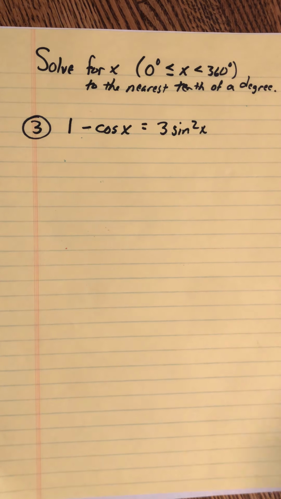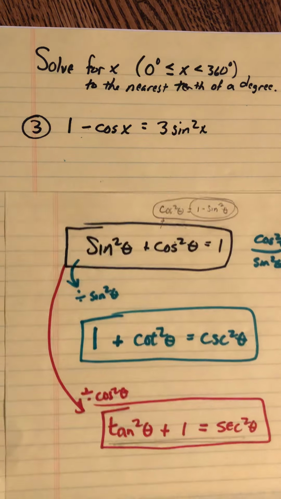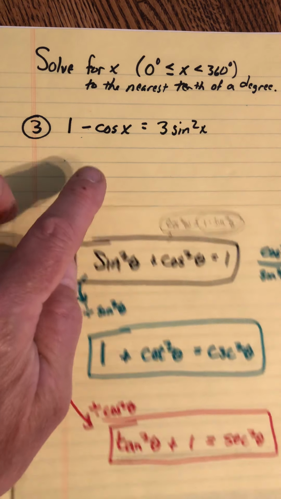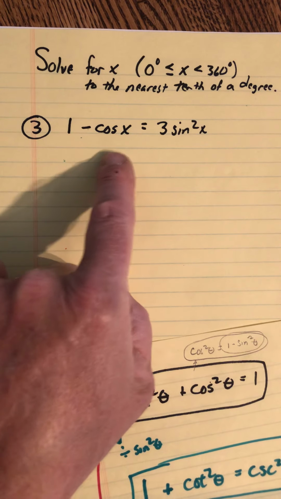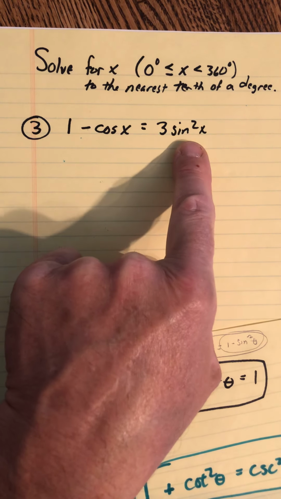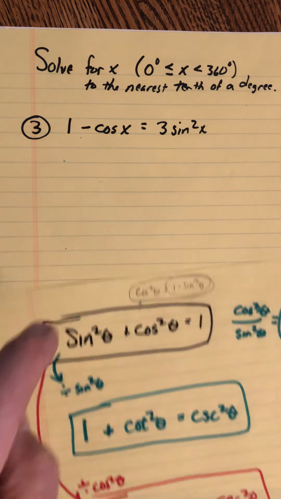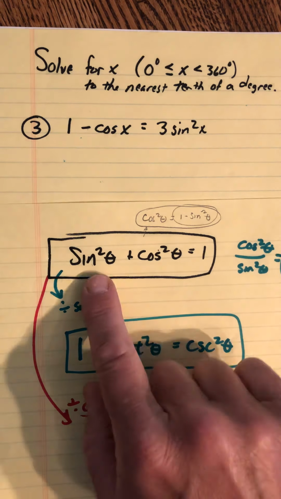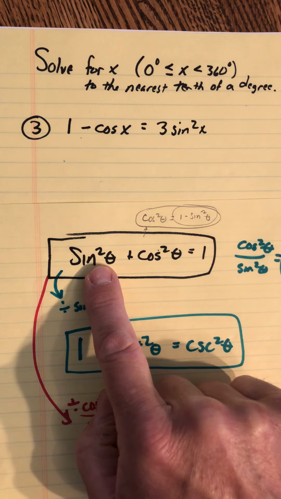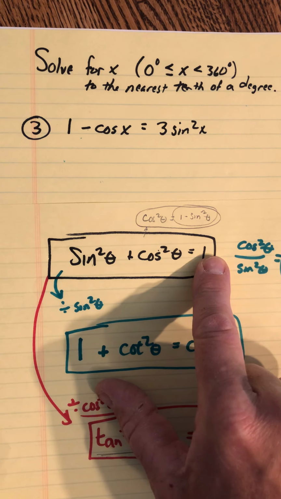We start the same way we did before with these Pythagorean identities, trying to get everything in terms of one trig function. So if you look at this equation, we got a cosine here, we got sine squared there. The ones that are squared are the ones you want to focus on because those are the ones we can substitute. Here, in sine squared plus cosine squared equals 1, we could easily solve for the sine squared by subtracting the cosine squared.